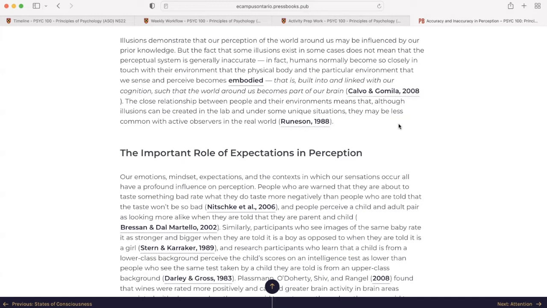That is, built into or linked with our cognition, such that the world around us becomes part of our brain. The close relationship between people and their environments means that although illusions can be created in the lab and under some unique situations, they may be less common with active observers in the real world.